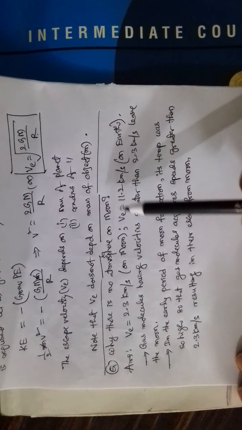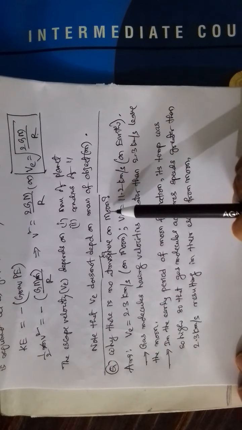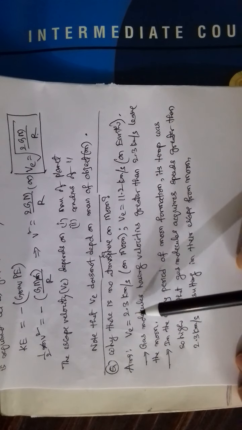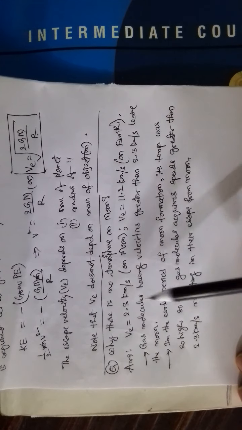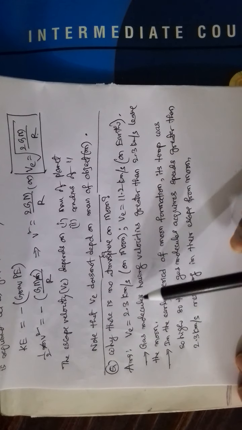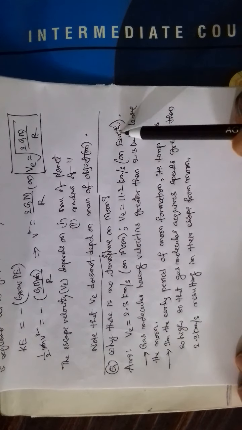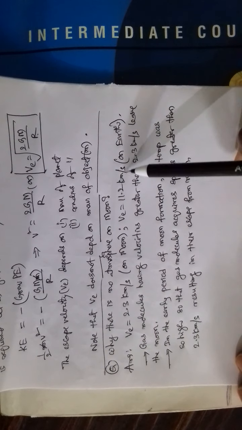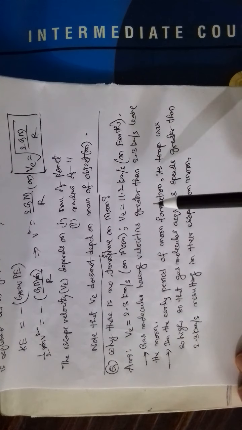The escape velocity value on the moon is 2.3 km per second, and the escape velocity value on earth is 11.2 km per second. It means what?